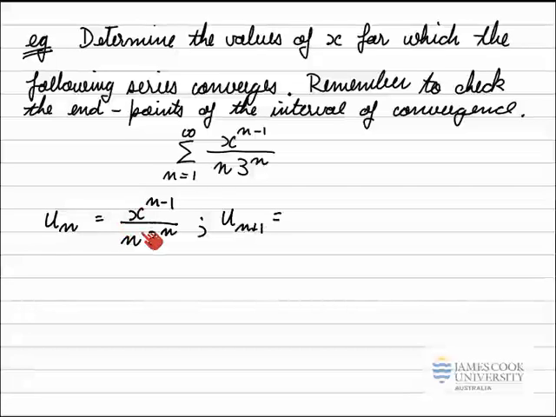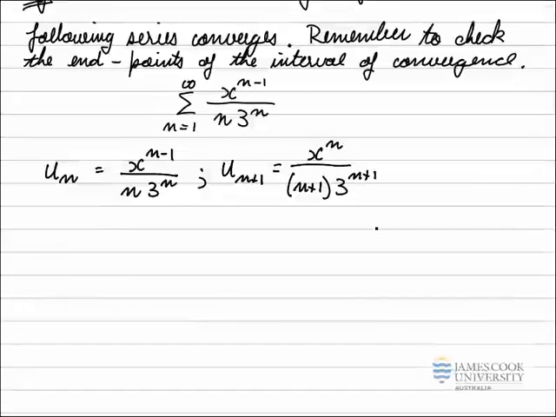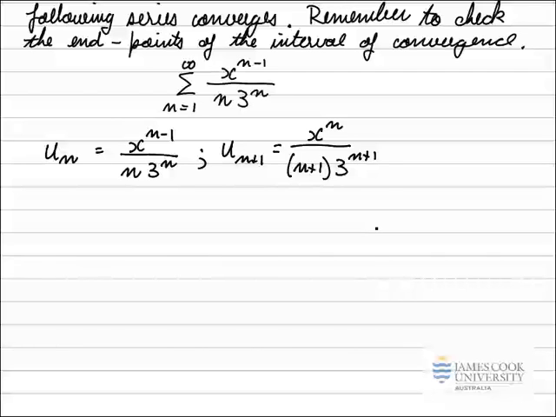So just taking u_n, wherever I see an n, add an n plus 1. So on the top line we will now have x to the power of n, all divided by n plus 1 multiplied by 3 to the power of n plus 1. We now state the ratio test.